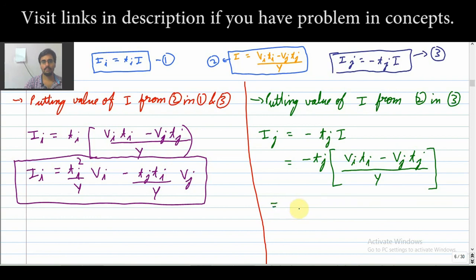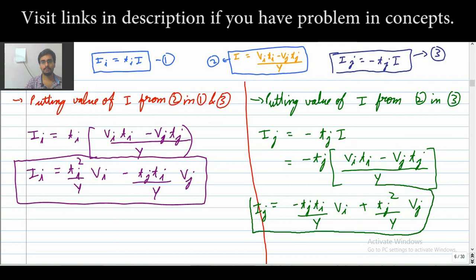So it comes out to be minus Tj Ti divided by y into Vi, plus Tj square divided by y into Vj. That is your Ij. So I have got both the equations.